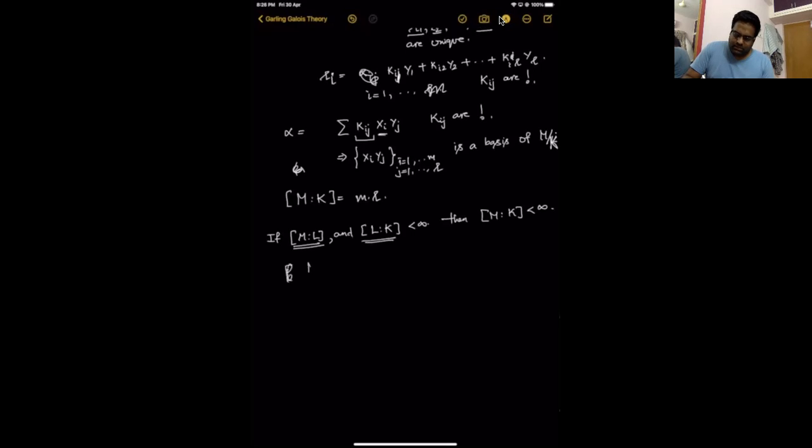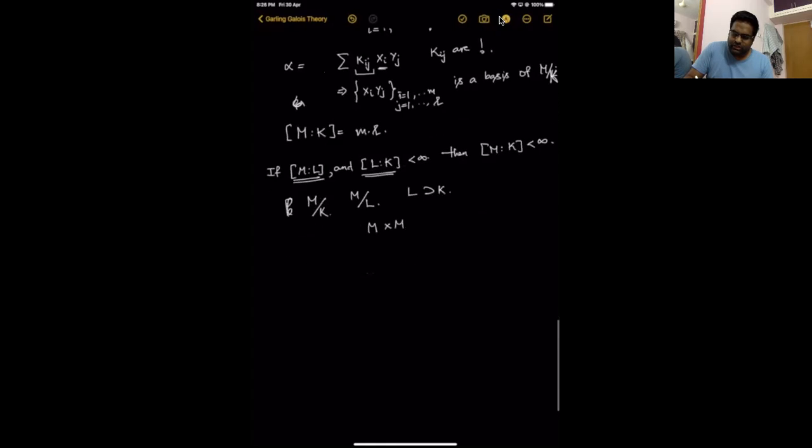So M is a vector space over K, and M can also be considered as a vector space over L because L contains K. What I mean by that is, if you have multiplication in M, you can either restrict this multiplication map to K to get a vector space structure of M over K, or you can restrict this multiplication map to L and get a vector space structure of M over L. Now, suppose M over K is finite.